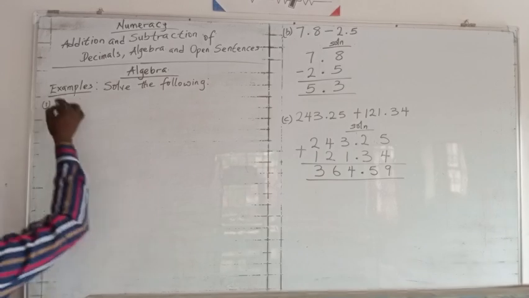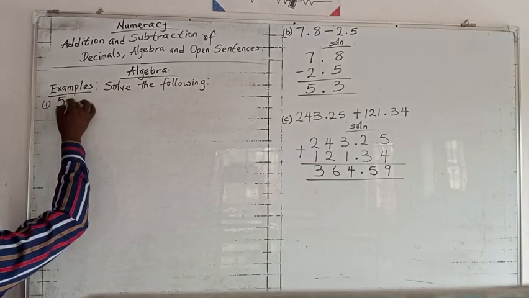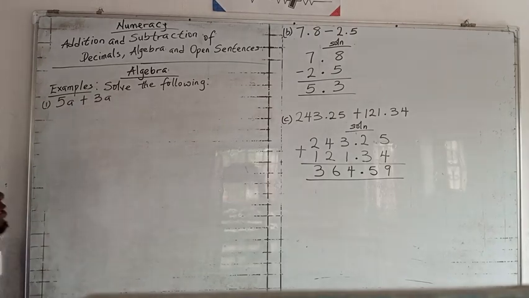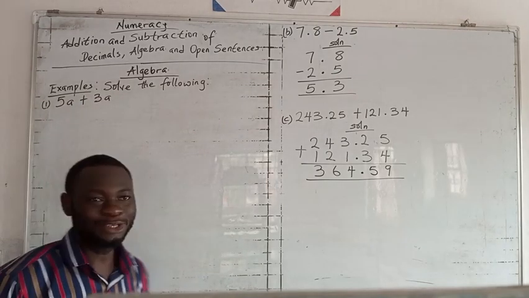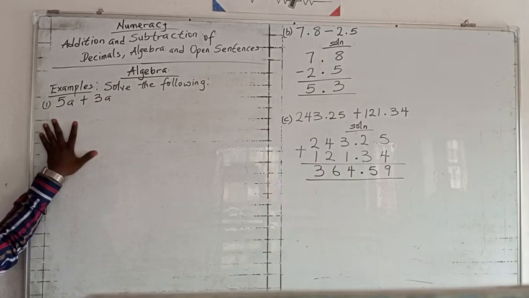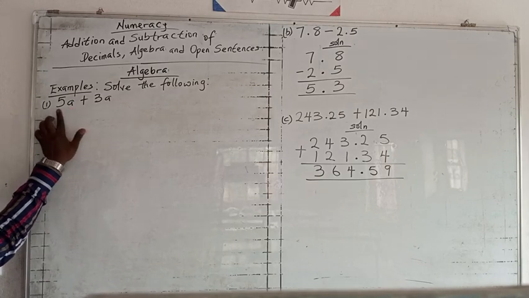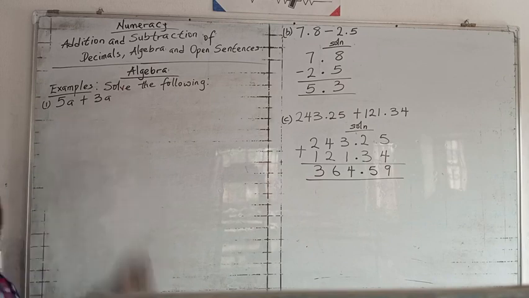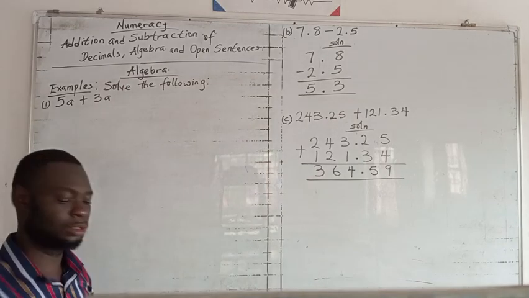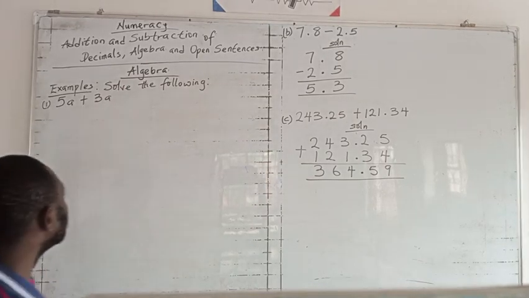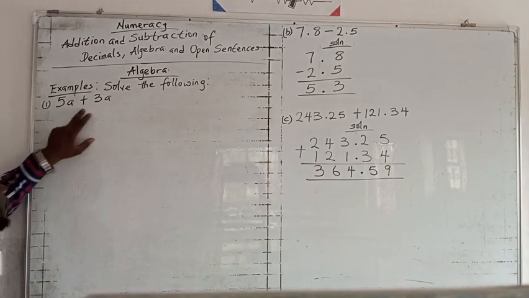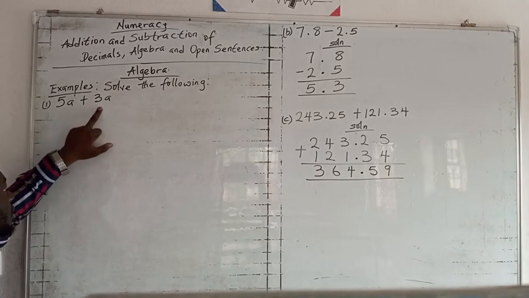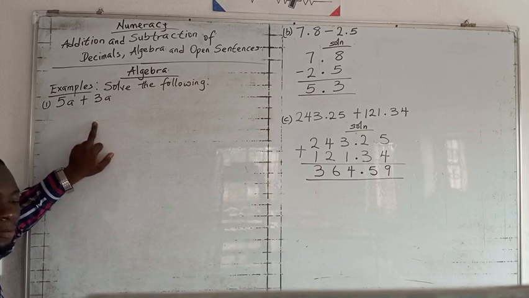Number one. Let's say 5a plus 3a. I see. So this is a variable, and this is a constant. Algebra is made up of two things, variables and constants. Now, what do we do here? 5a plus 3a. What we simply do is we add the constants and add our variable.